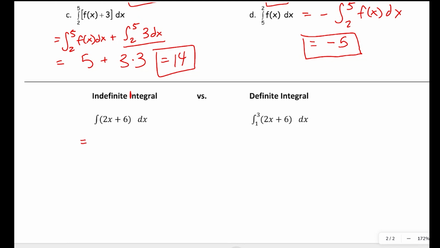When you evaluate an indefinite integral, you're going to get a family of functions. You're just going to integrate like we have been. In this case, we'd get x squared plus 6x plus c, right? And that would be your answer. That's what the integral equals. This is a family of functions.